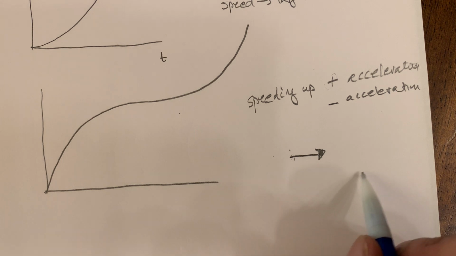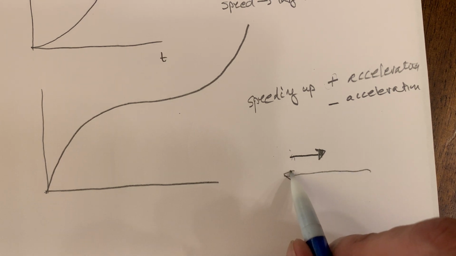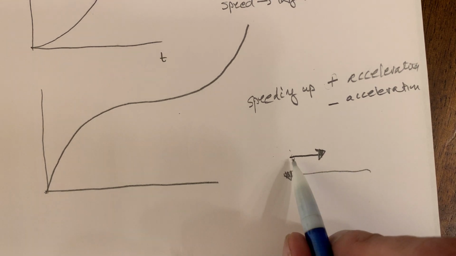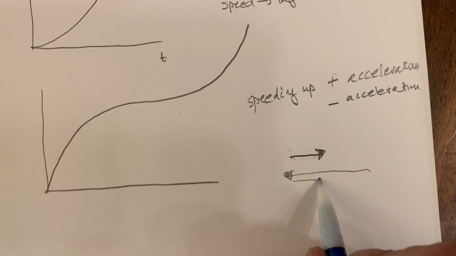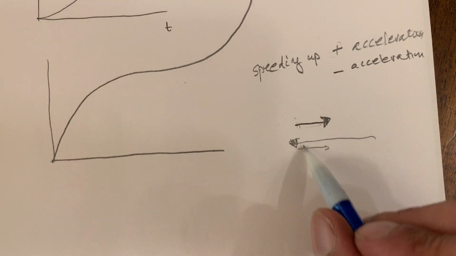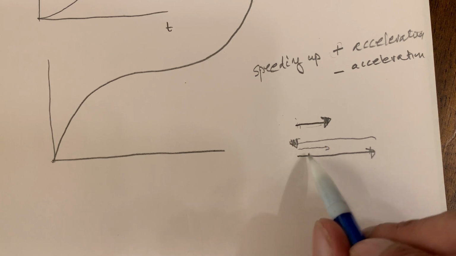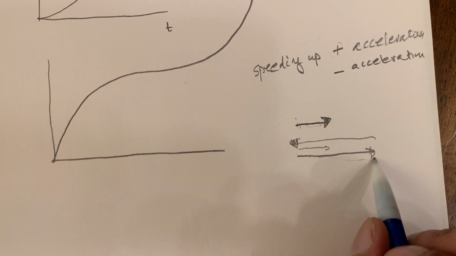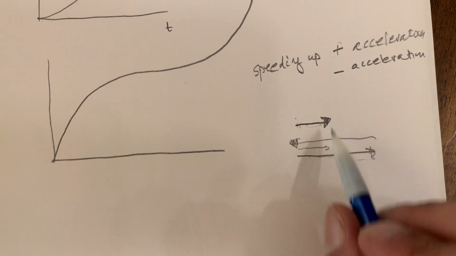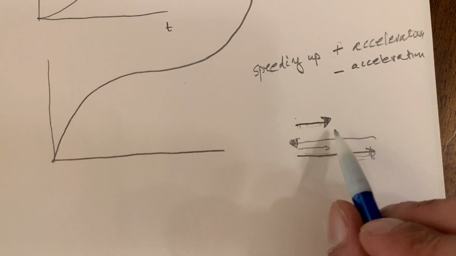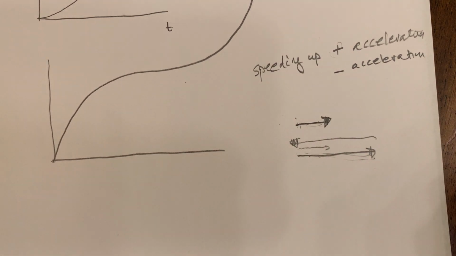So for example, if you were actually moving this way, that kind of acceleration would mean you're slowing down. But if you were moving that way, that kind of acceleration would mean you're going to speed up. So you see the acceleration is the same direction that you're moving, or the acceleration is caused by something called a force, and we'll talk about that in another class.